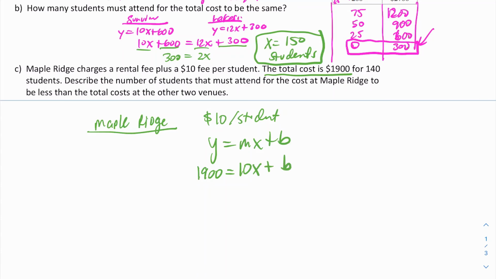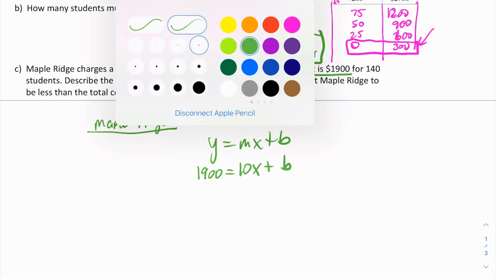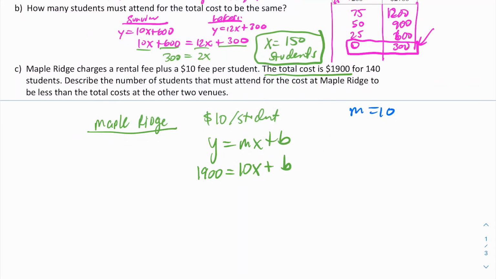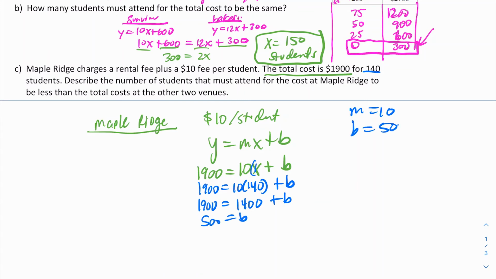Oh, we do know, though, that we're trying to solve for that. We know that m is 10, and then we do know that there are 140 students for this price. So 1,900 equals 10 times 140 students plus b. So 1,900 equals 1,400 plus b. So 500 equals b. So b equals 500. So for Maple Ridge, we have y is equal to 10x plus 500.